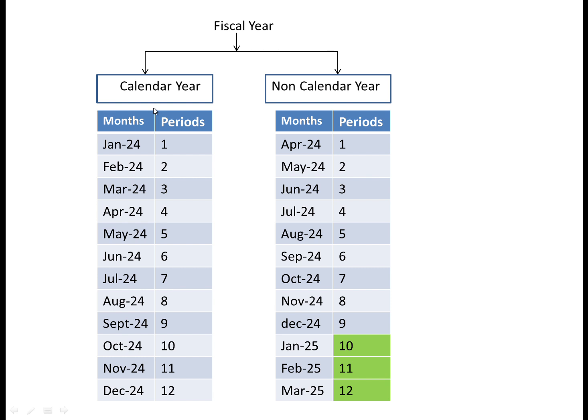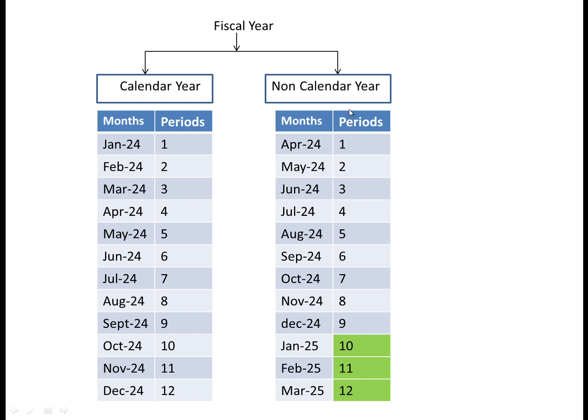Twelve posting periods means we indicate these 12 months with 12 numbers. If we take the example of a calendar year, January to December is the 12 posting periods. January 2024 is the first posting period, and December 2024 is the financial year ending posting period.